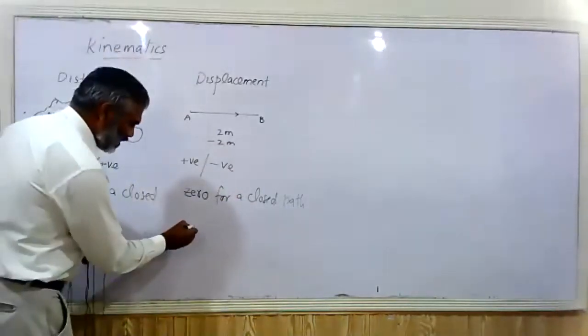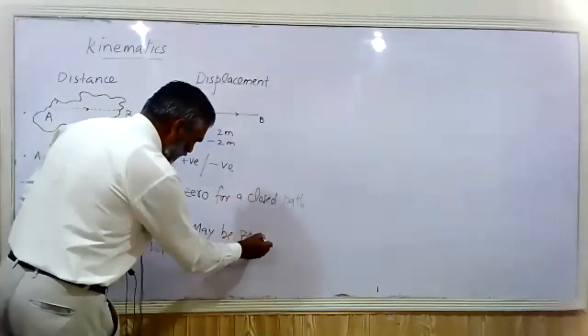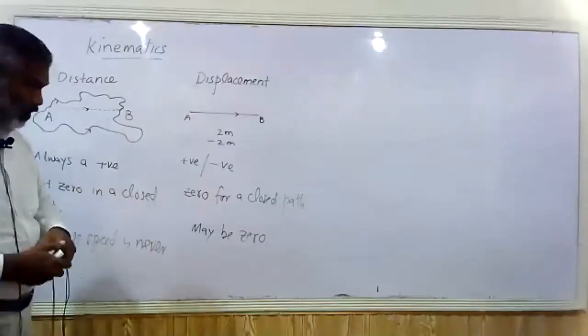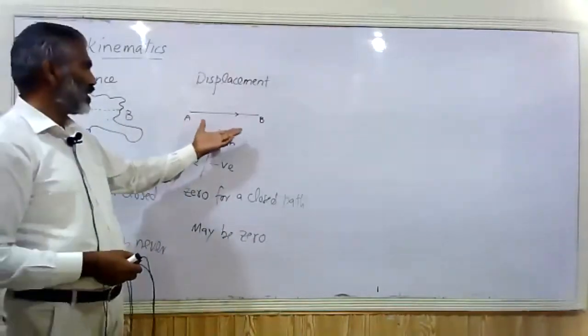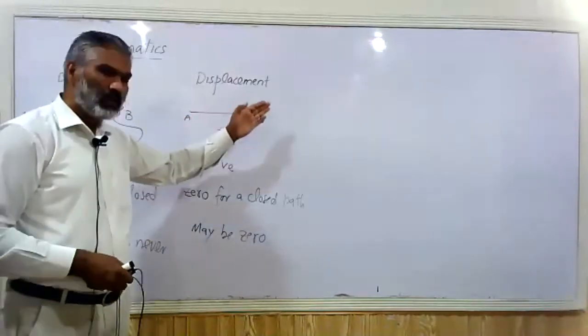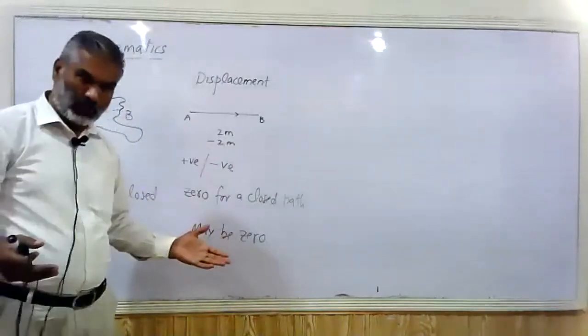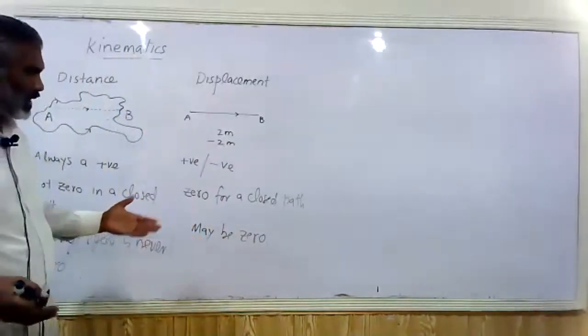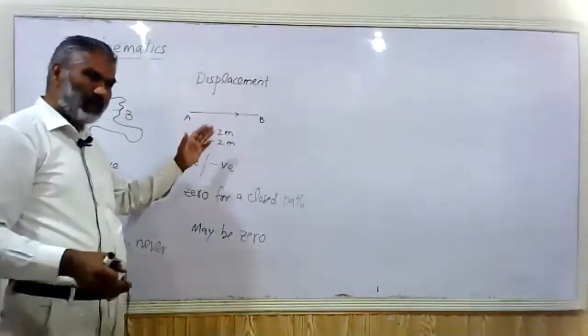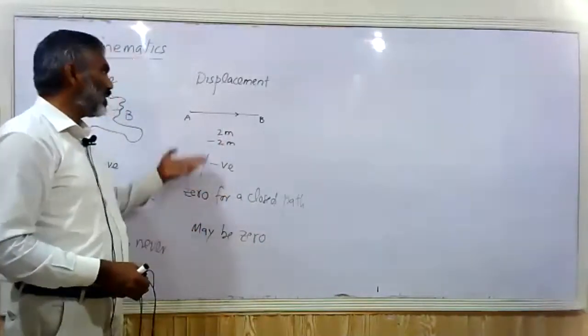Average velocity may be zero, and the example is closed path. If you have moved from A to B, you have come back to A again, you have taken the average displacement, that is zero, because you have added algebraically, divided by the time it has taken, so it may be zero.